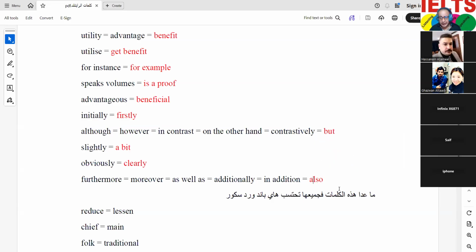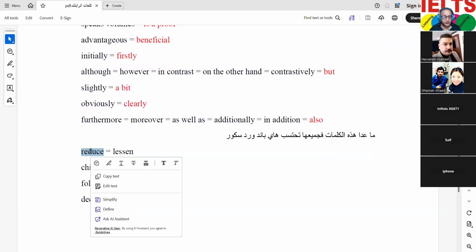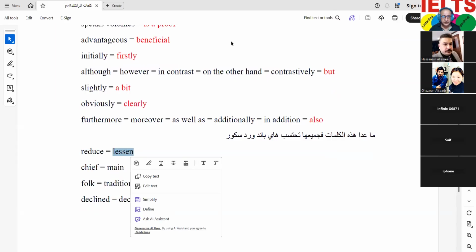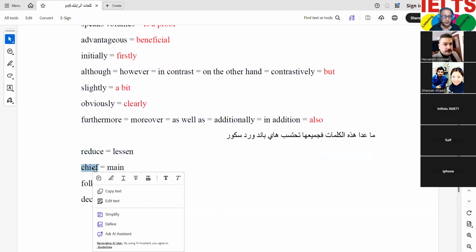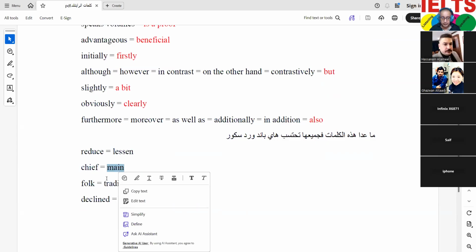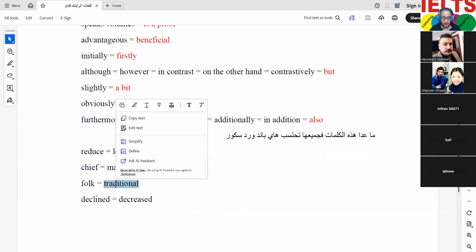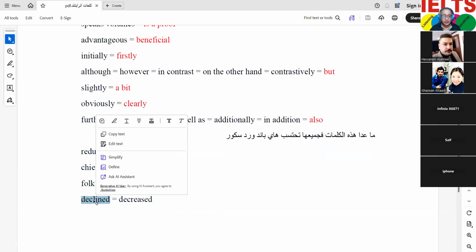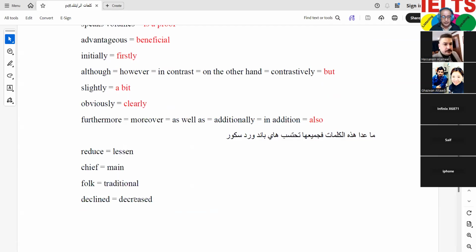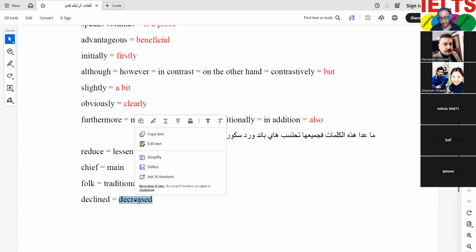Other than these words, all of them count as high band word score. Reduce, lessen. We also have chief, main, folk, traditional, decline, decrease. We also have another word, incline, which means increase.